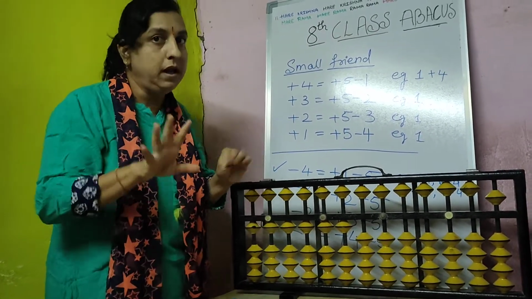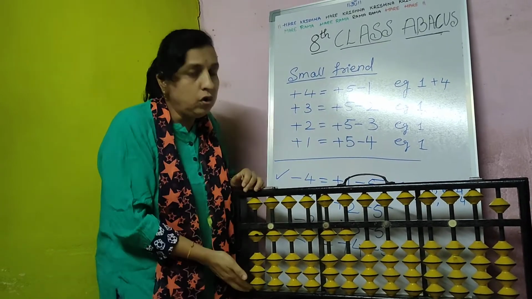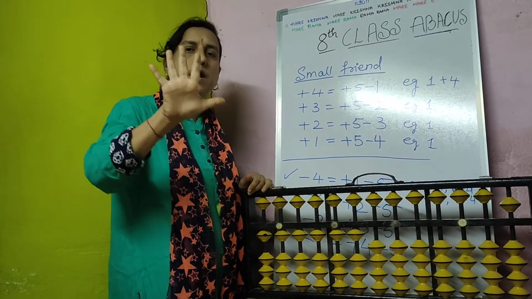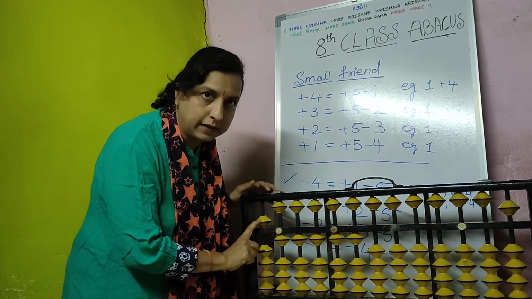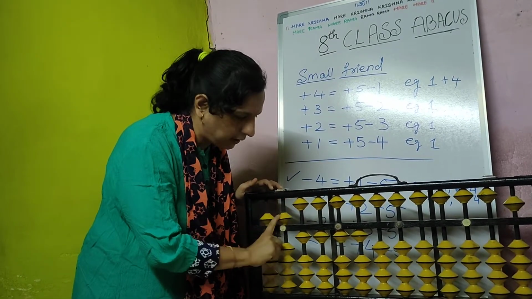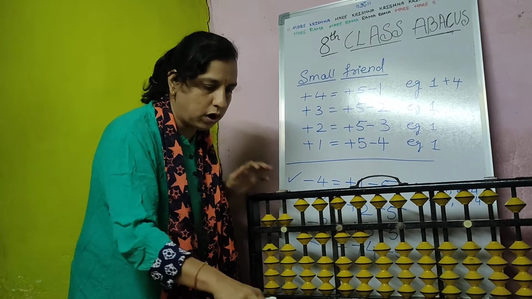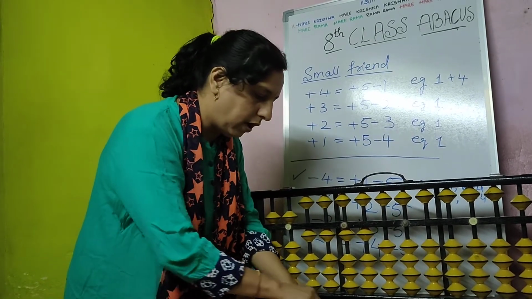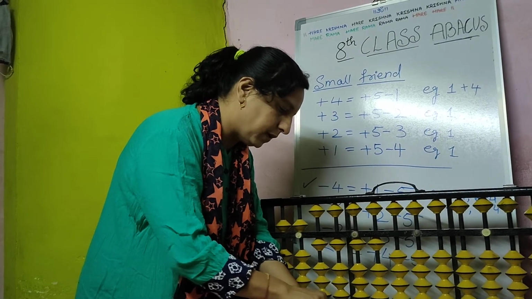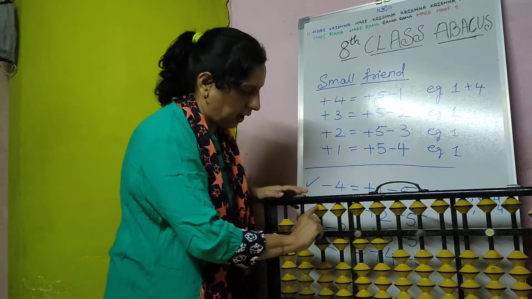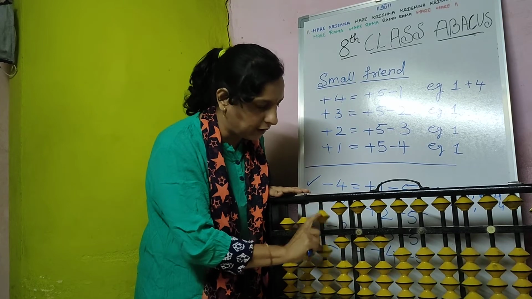I should remember the 4th friend. Why? Because I could not do 4, I should remember the 4th friend. The 4th friend is 1. So +5 -1 like this. Hold the pencil always. In your small abacus while doing this, you have to do like this. 1, 1, 1, 1, +5 -1, like this. I am showing you, both at a stretch. +5 -1.